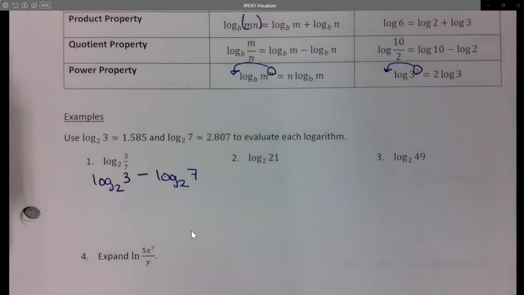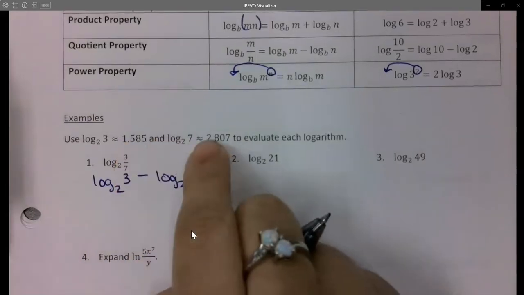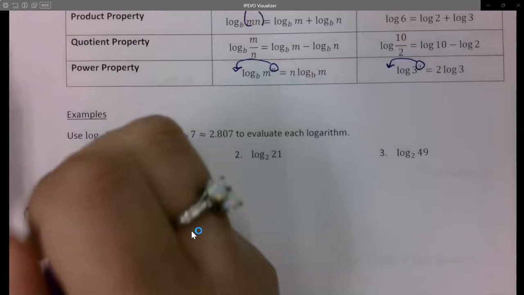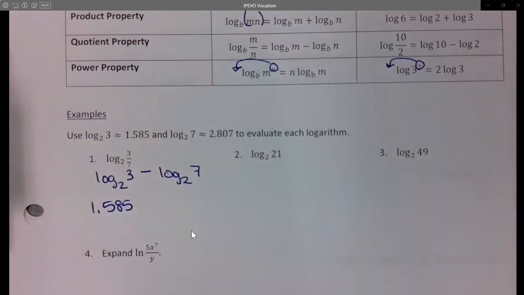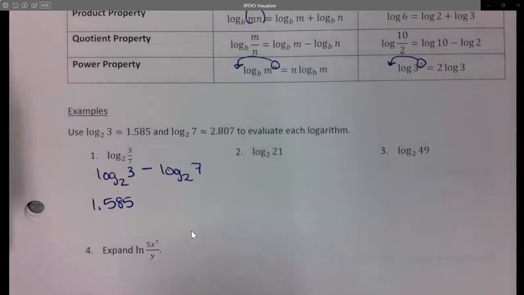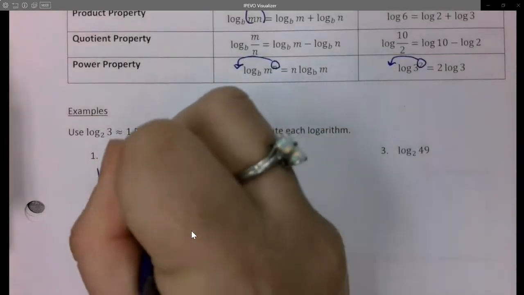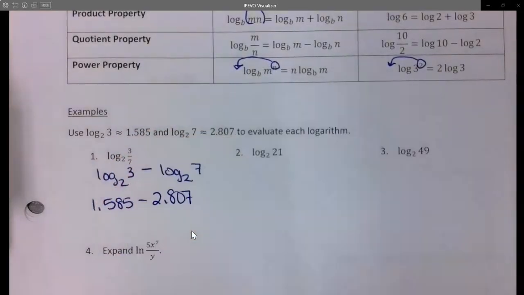Then all I want to do is replace these two with the two equivalents that it gave me. So I have 1.585, and then I'm going to subtract 2.807.